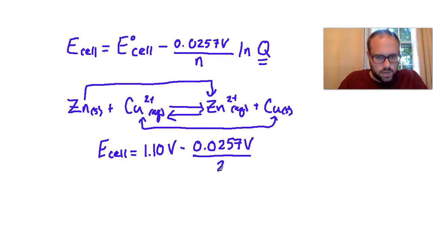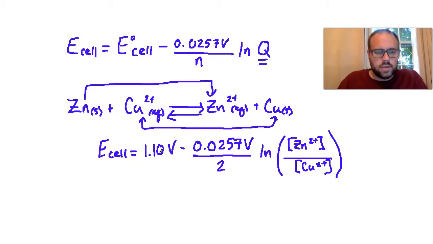So I'd put 2 in the denominator for the n, and then it would be the ln of, now I don't have the specific concentrations here, but if they were given to you in a problem, it would be the concentration of zinc 2+, because that's the product, over the concentration of copper 2+. Just like that.